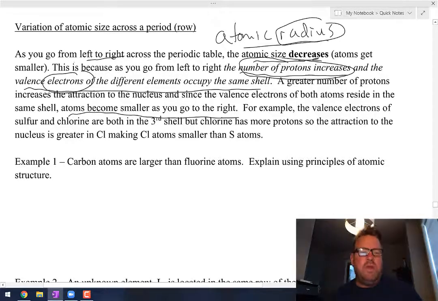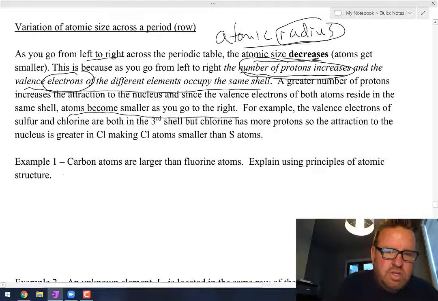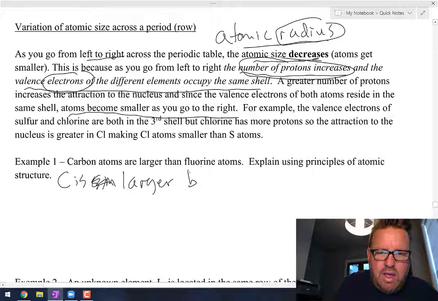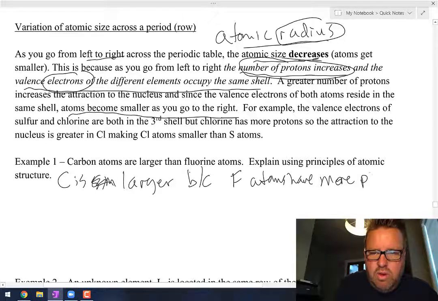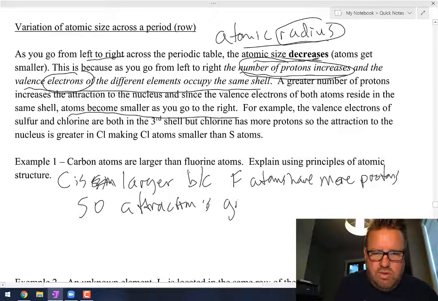So example 1: carbon atoms are larger than fluorine atoms, or you could say that backwards, fluorine atoms are smaller than carbon atoms. Explain using principles of atomic structure. So carbon is larger because fluorine atoms have more protons, so the attraction is greater in fluorine.